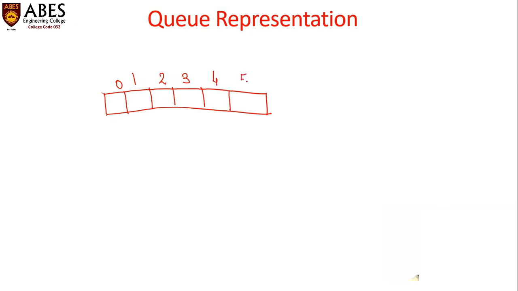Let us see the queue representation. As we know, queue is a linear list of elements. Let us see through this diagram. There are 6 memory cells.